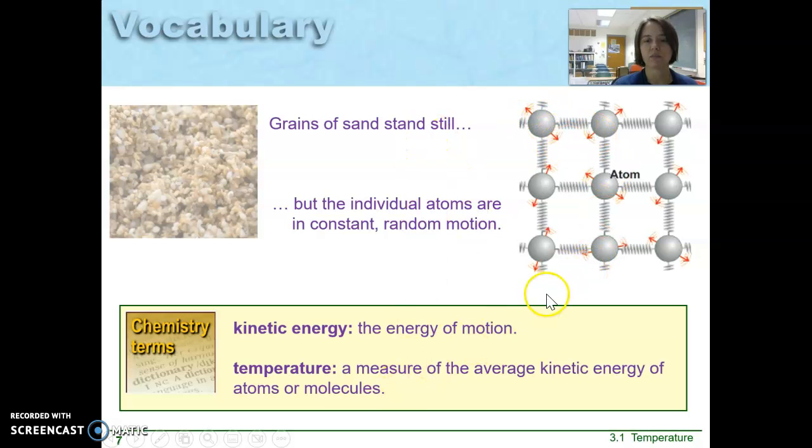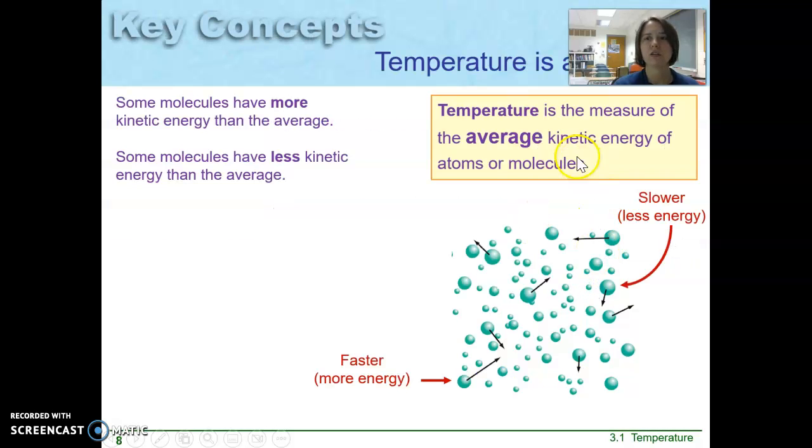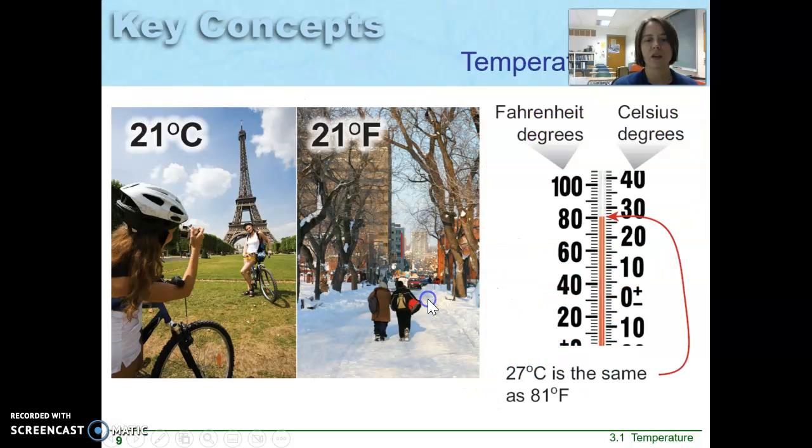You don't need to write this purple stuff down. You just need to be paying attention. Some molecules have more kinetic energy than the average, and some are going to have less. That's just how averages work. Some particles are moving faster and some are moving slower, and temperature is the average of the energy of motion of those particles.